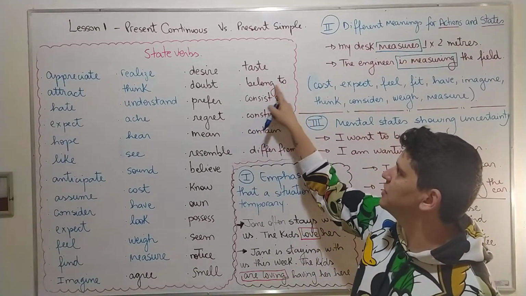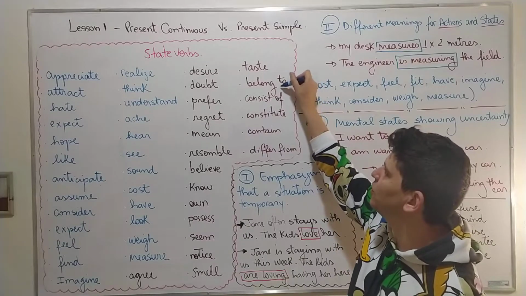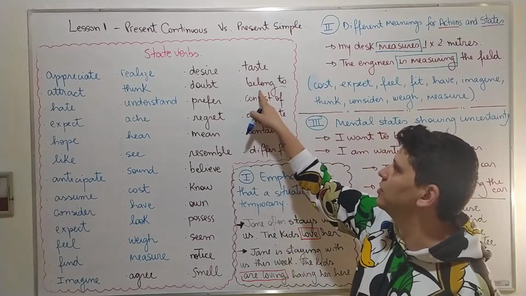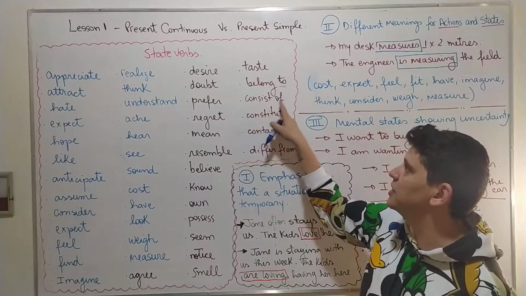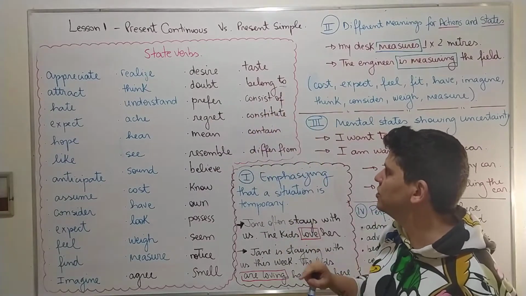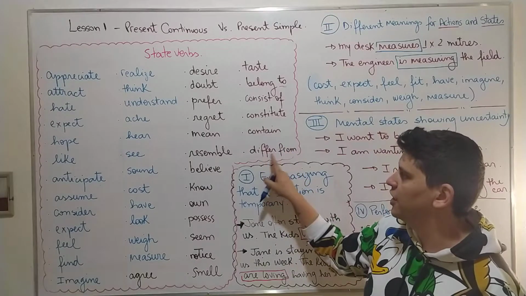Be careful, be attentive to the use of prepositions. Some verbs require specific prepositions. Belong is one of them. We always use it together with to. Consist of, constitute, contain, differ from.